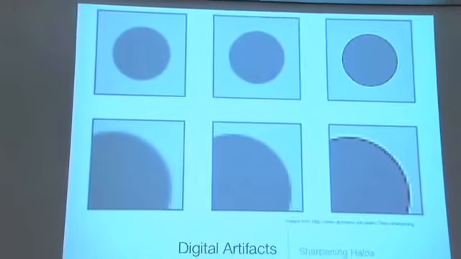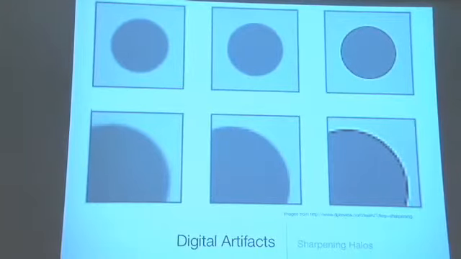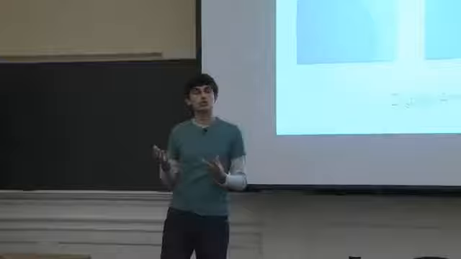Cameras, pretty much out of the box, will generally apply some amount of sharpening to try to combat the anti-alias filter that they have to use. So when you buy a camera set to JPEG mode by default, you take a couple photos, put them on your computer, and they look reasonably sharp.